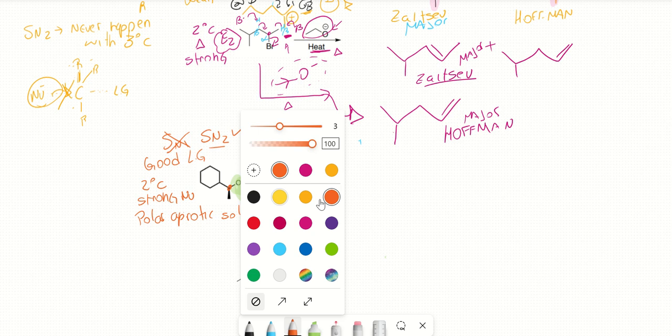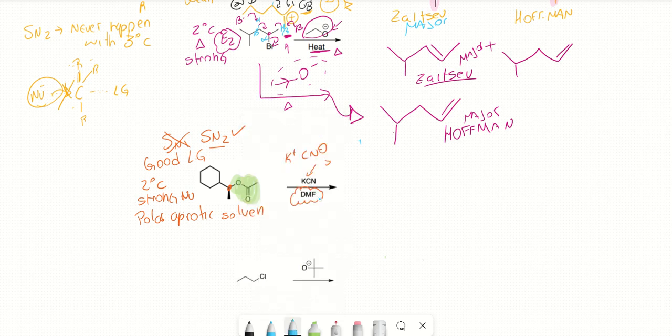So we have the attack on the backside, over here. You can draw then the transition state, but don't ever forget to write down the parentheses over here, so you know that the nucleophile will attack in the back.